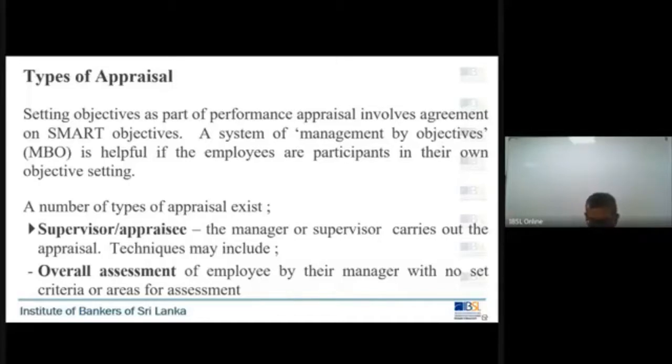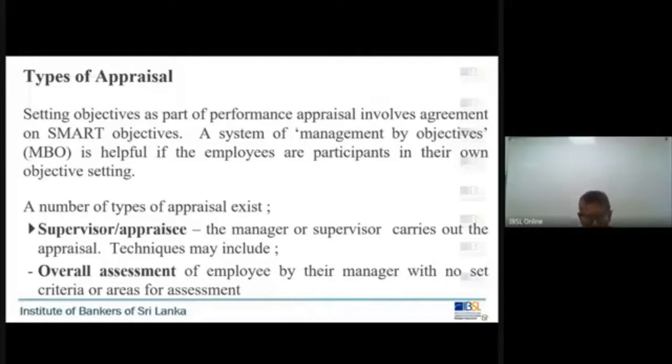You look at your performance overall. He may not have particular key areas to monitor, but you take the overall picture about you. But those things are not taking place now in the organization. Usually these are outdated, but you can measure overall assessment of you by the manager.